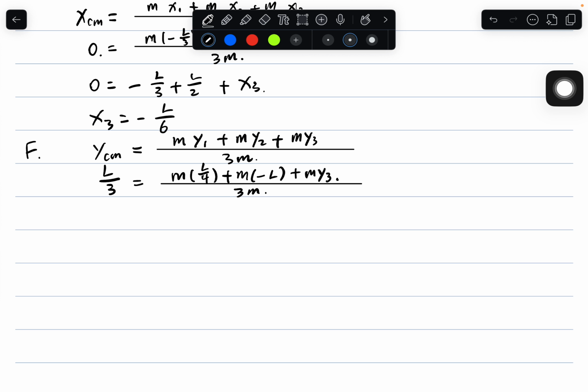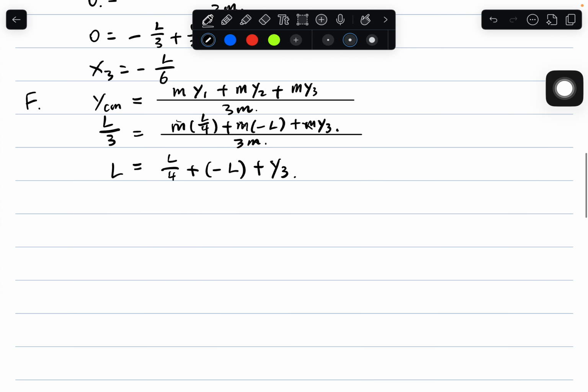All the m's cancel out, and we multiply both sides by 3, so we have L equals L over 4 plus negative L plus y3, and we solve for y3, which equals 4 over 7 L.